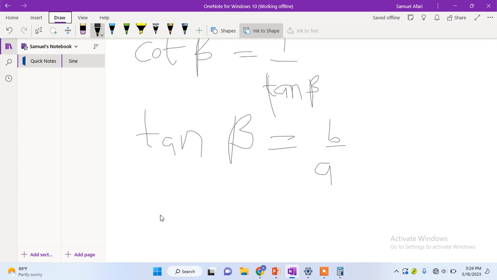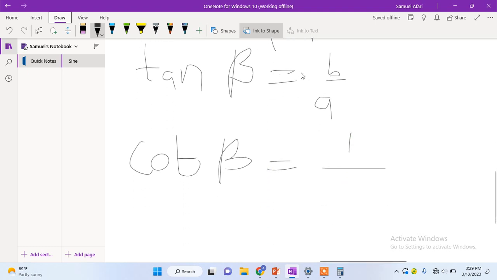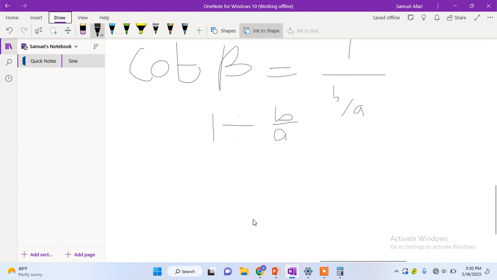So cot beta is the same as 1 over tan beta, and tan beta is B over A. You know that this 1 over is the same as 1 divided by B over A. We are still finding cot beta. In fractions you can't just divide like that.